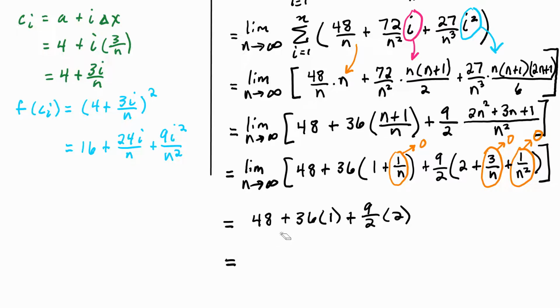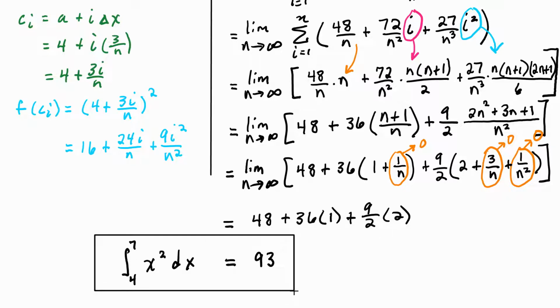So we have 48 plus 36 plus 9, which is equal to 93. So what we just discovered is that the integral from 4 to 7 of x squared dx is equal to 93.